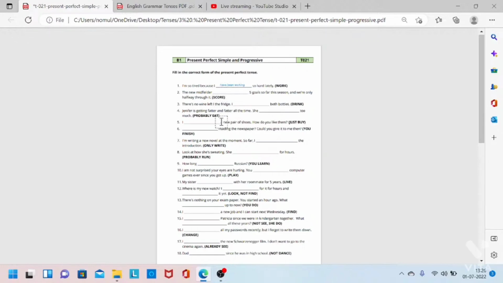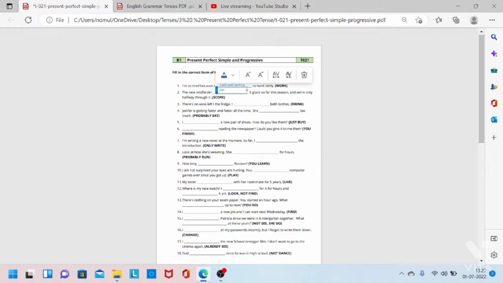The new midfielder dash 5 goals so far this season, and we are only halfway through it. The sentence means that they scored. So the new midfielder, what, have or has? That is has, not have here.